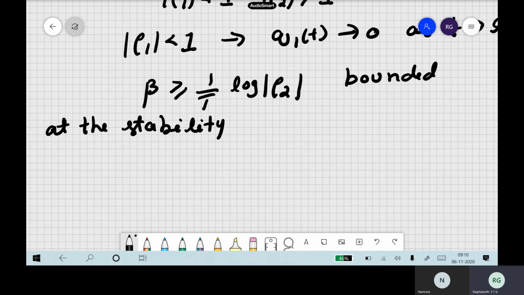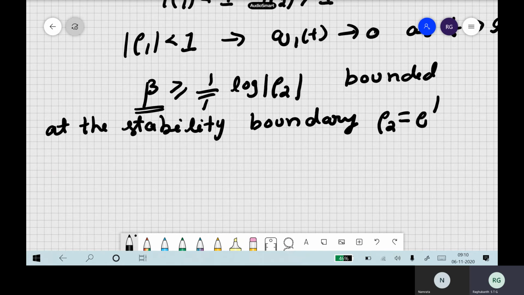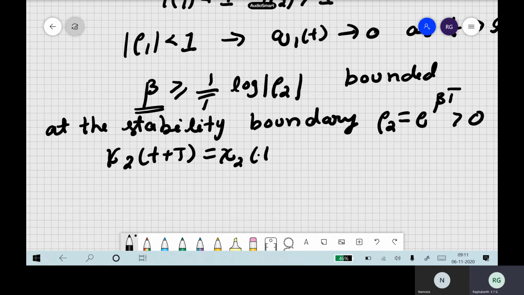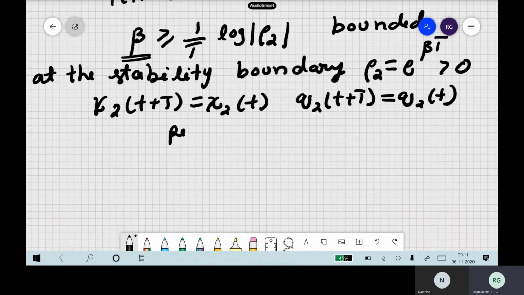Previously it was 1 and minus 1 controlling the stability boundary, but now we have this β which controls our stability boundaries. At the stability boundary, if ρ2 is e to the power of βT, which is greater than 0, one can show that x2 of t plus T will be the same as x2 of t, which leads to q2 of t plus capital T being the same as q2 of t, which means you will get a periodic solution.